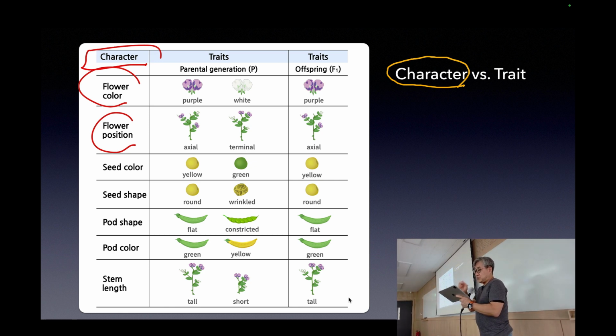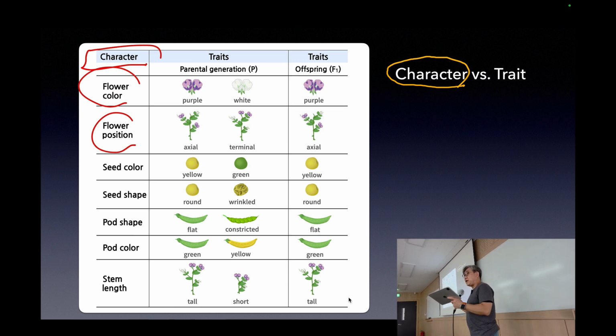So in this flower color character, there were only purple or white, two different colors available, which we categorize or define as two different traits under the character of a flower color. Okay? Like if you think about it, the human height as a character, how many different traits can you find in a human trait?